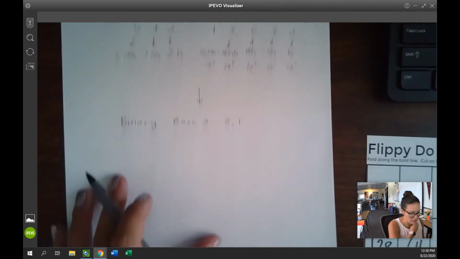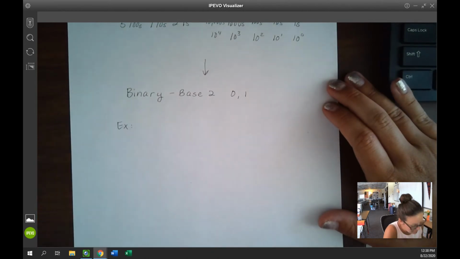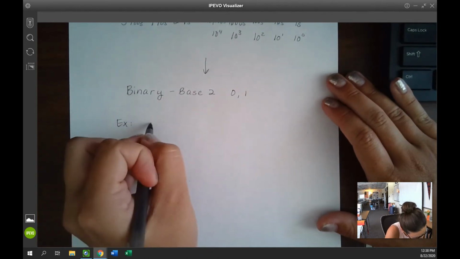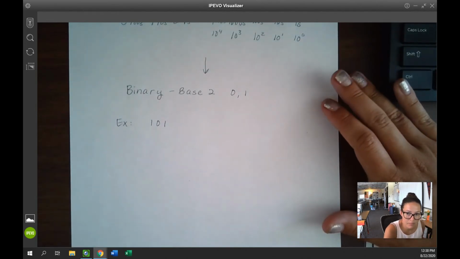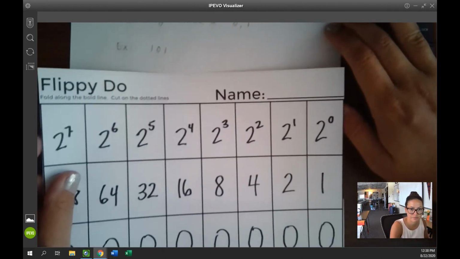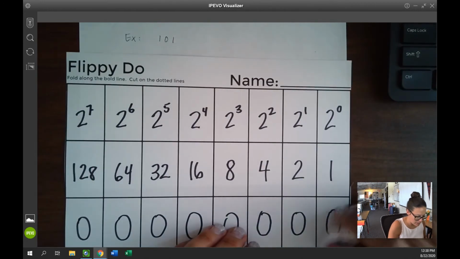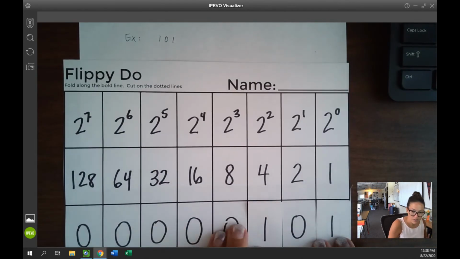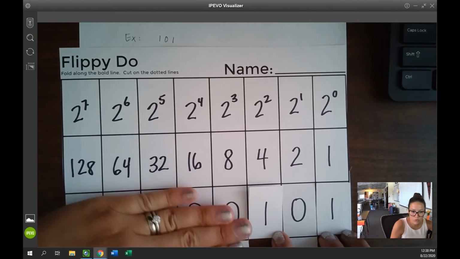Let's do a little example here. Let's say, for example, I have the number 101. I'm going to look at my Flippy-Do, so make sure you have your Flippy-Do and follow along with me here. I'm going to flip up 101. Just like with regular numbers, if I have zeros in front of it, those don't really matter.